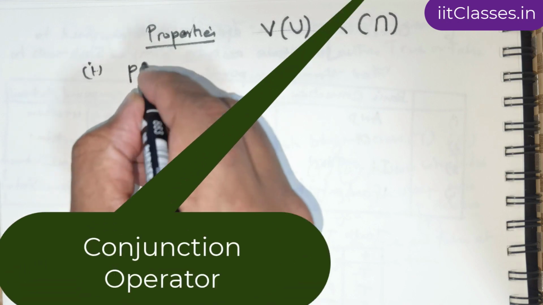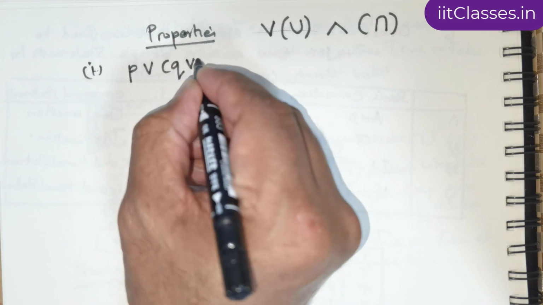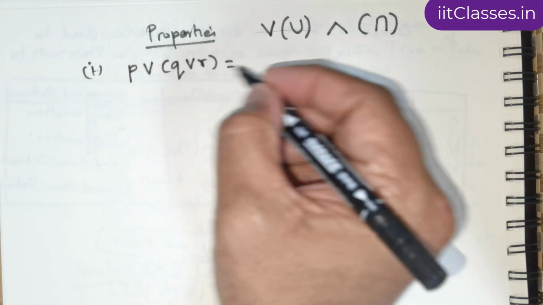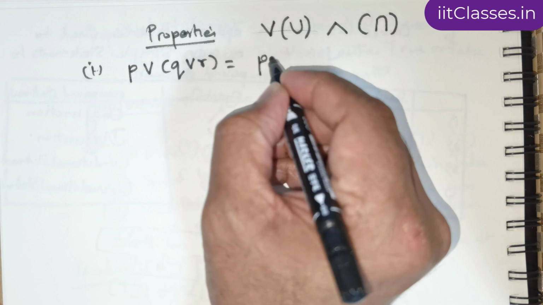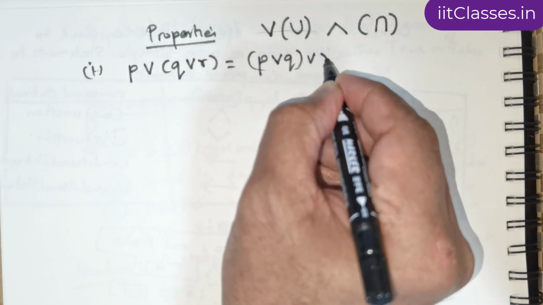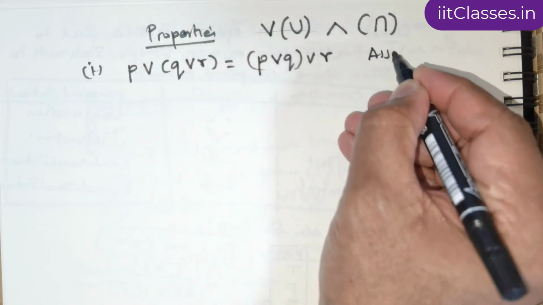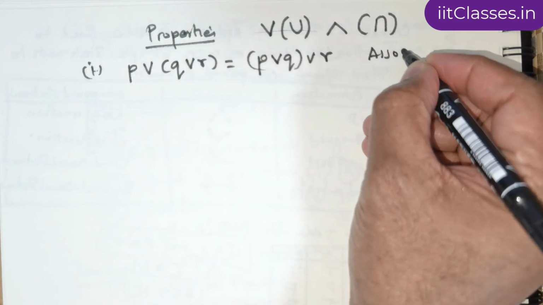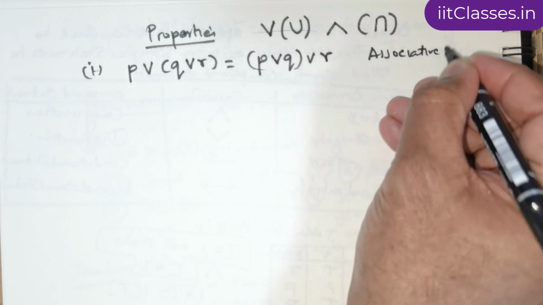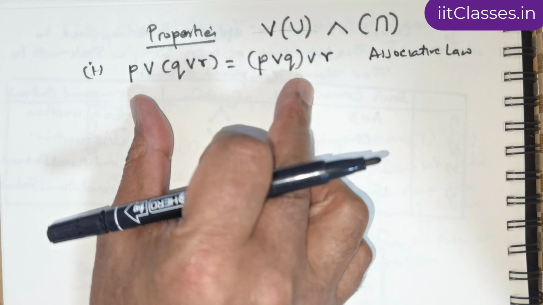Suppose you have P disjunction of Q disjunction R. This is same as obtaining P disjunction Q, disjunction R. This law is the associative law. Now this is for disjunction.